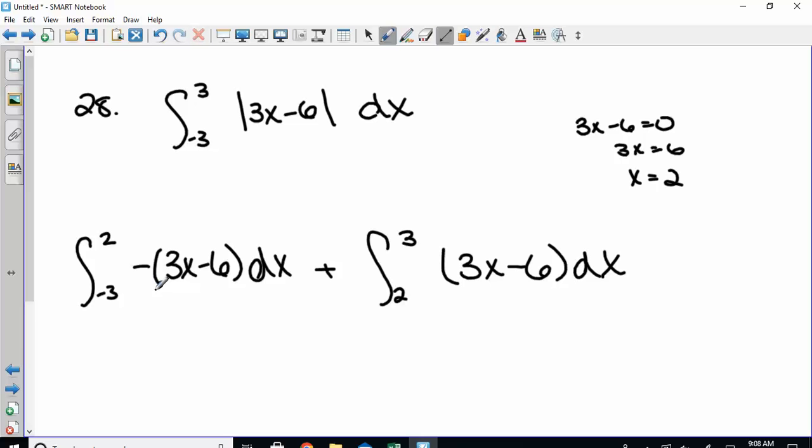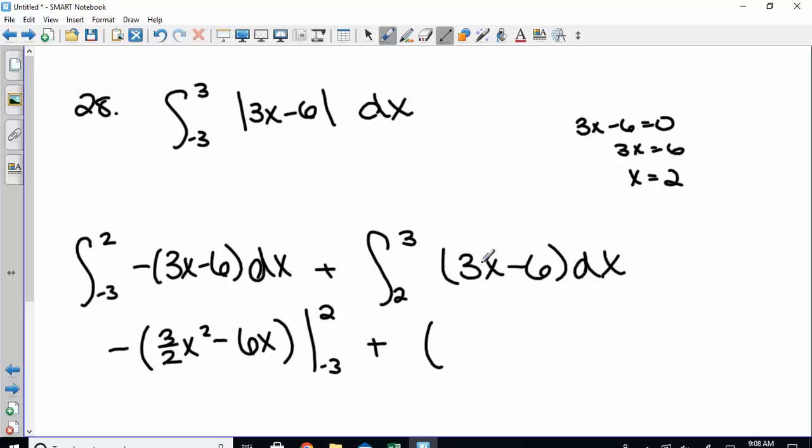So now we integrate. We have a negative, and you could distribute that negative if you want. The antiderivative of 3x would be 3/2 x squared. The antiderivative of 6 would be 6x. The antiderivative of 3x is 3/2 x squared.